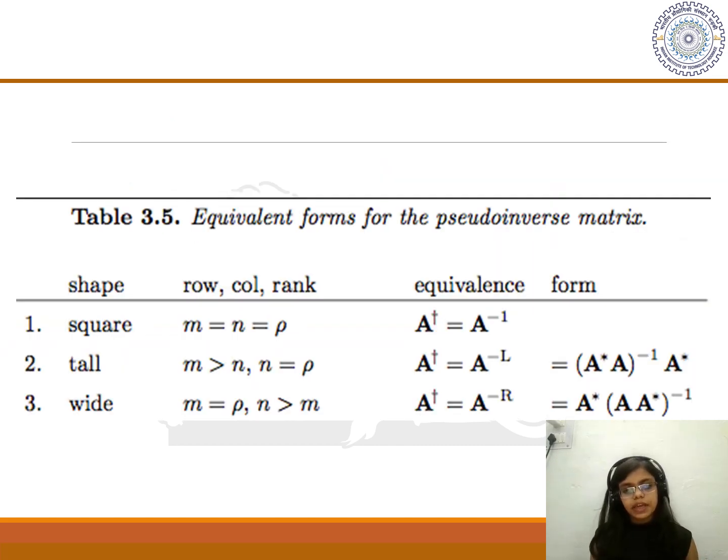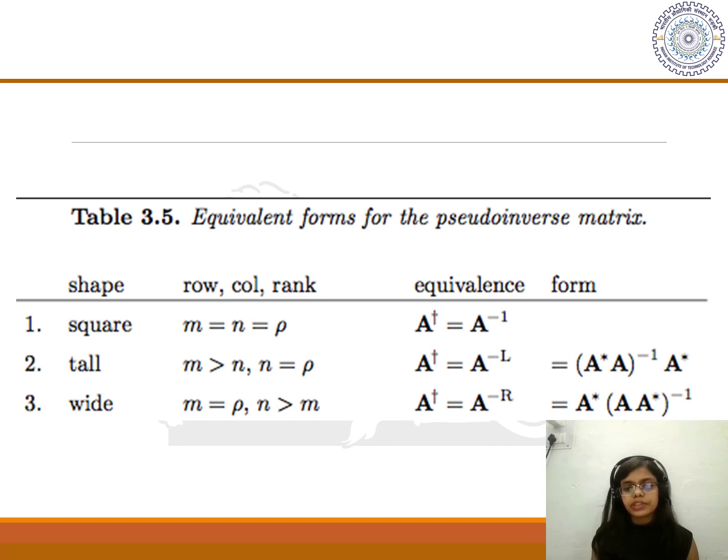Now next, what we are seeing is the summary of what we learned. If we have a square matrix where m is equal to n is equal to the rank of the matrix, then the pseudo inverse is simply A inverse. The second case is when m is greater than n and the rank of the matrix is equal to n, that is a full column rank matrix.